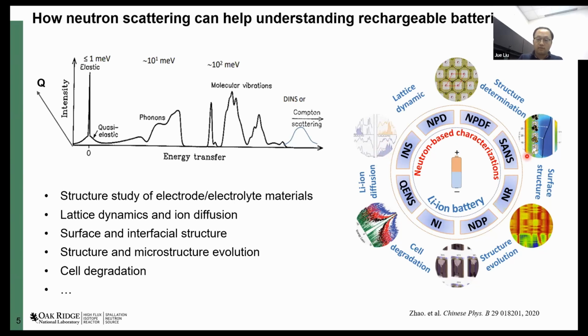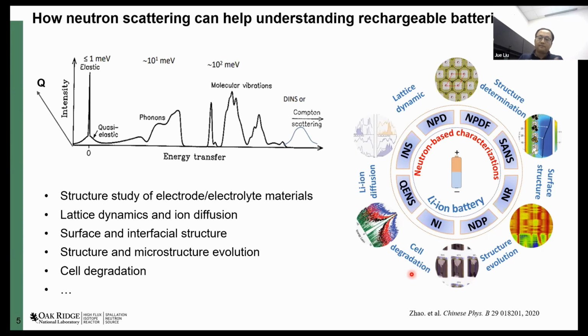There are also other unique neutron scattering related techniques. For example, neutron reflectometry, which allows us to probe the interfacial structures in a thin film battery. And when we're interested in, for example, lithium dendrite growth or cell degradation mechanisms, neutron imaging can be very useful.